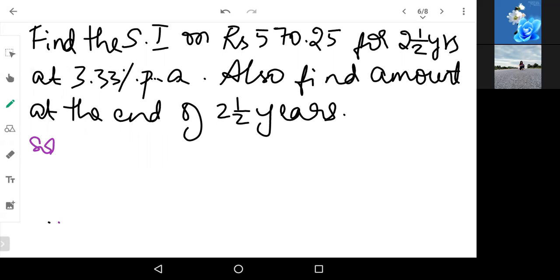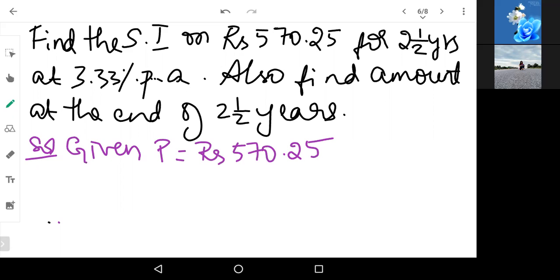Write down what is given to you. So they have given us principal. Find the simple interest on 570.25. So that is the principal amount. Principal is 570.25 for 2.5 years. So what is the time? Time is 2.5 years, right? And then rate of interest.